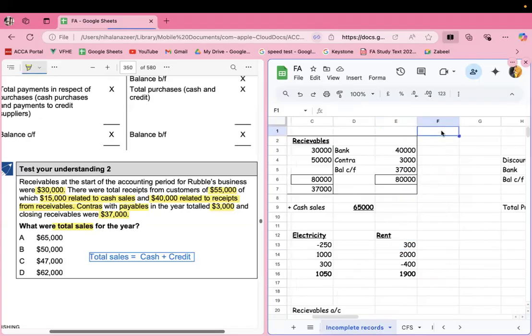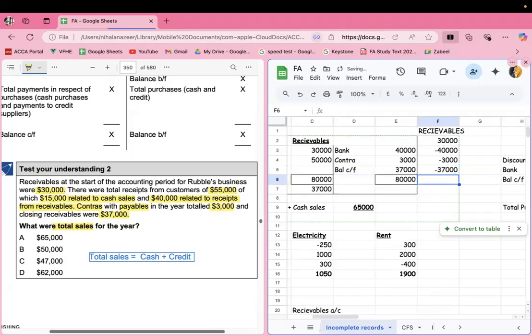Now, I'm just going to mention here. If I'm not preparing an account, how do I take this? See, all the debit amounts would be positive. So 30,000 is positive. Understood? But I got 40,000 from customers, so it's a negative amount. Clear? And also I paid 3,000 for contras. Right? And I know that the balance carried forward is 37,000, which is supposed to come on the credit side.